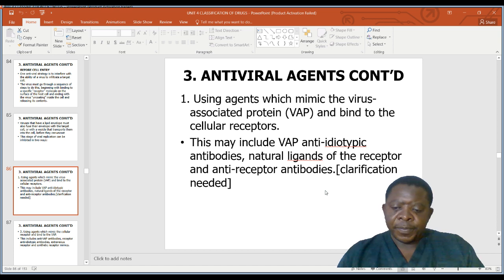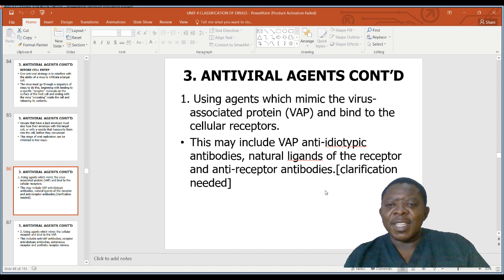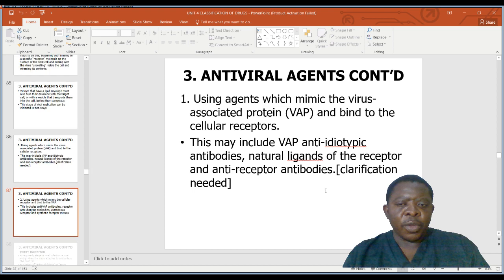So here we have some drugs that go on those receptors so that when the viral proteins try to go there, they find that the receptor is already occupied. So the virus, by doing that, will fail to multiply.